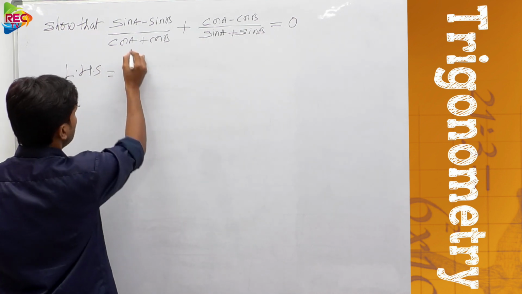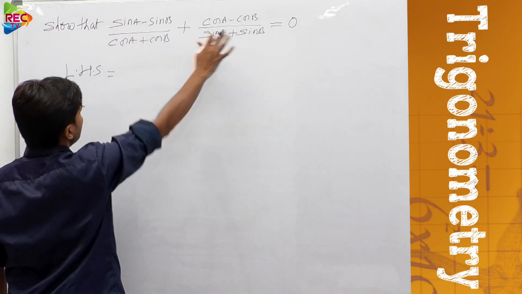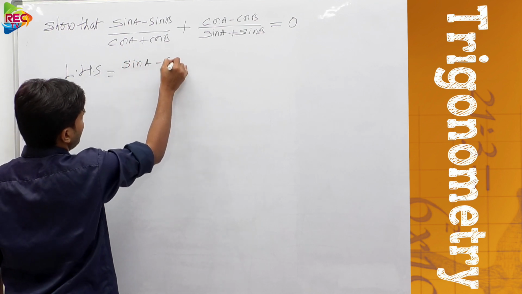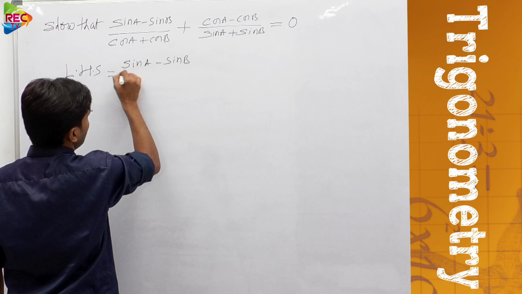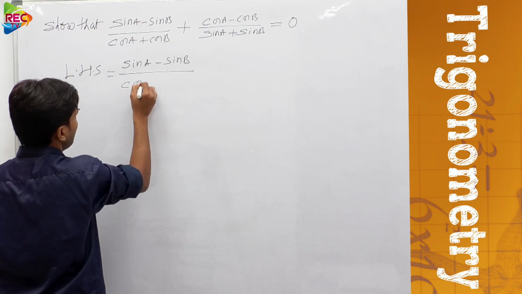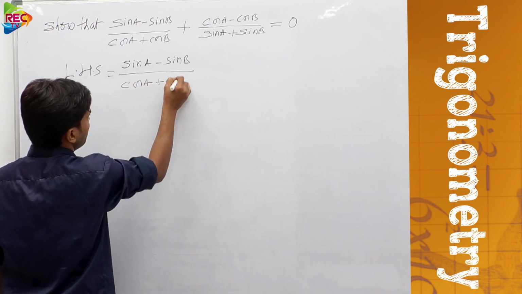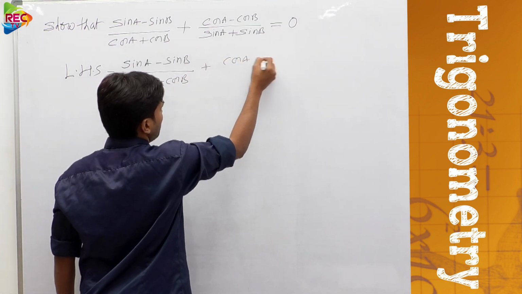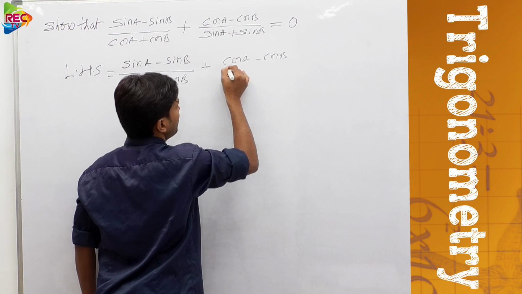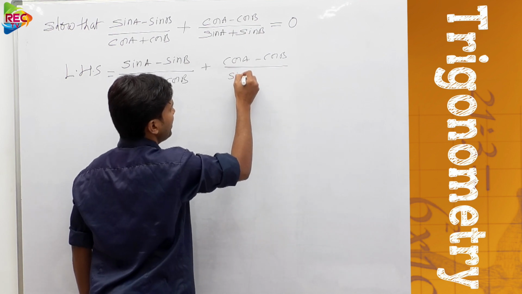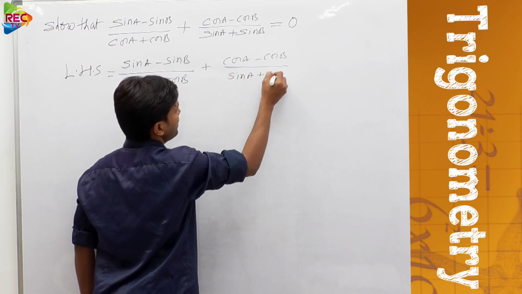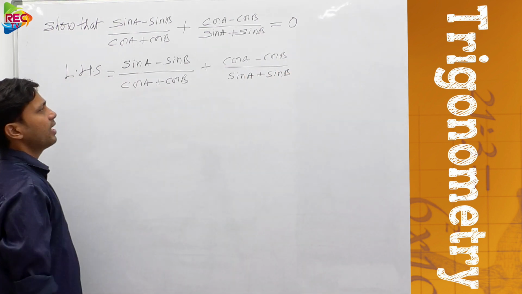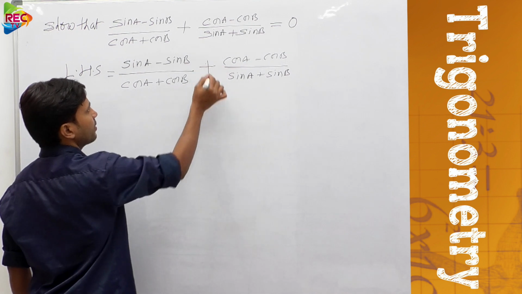Take the LHS part. Now, sin A minus sin B by cos A plus cos B plus cos A minus cos B by sin A plus sin B. This is our LHS part.